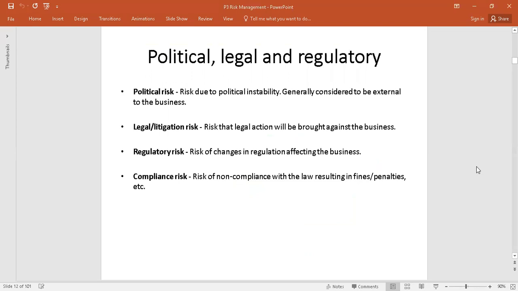The first one is under the category of political, legal, and regulatory. First we see political, second legal or litigation risk, then regulatory risk, compliance risk. Political risk: because of political instability in an economy, there is a risk which arises. It is called political risk. It is due to political instability, generally considered to be external to the business.